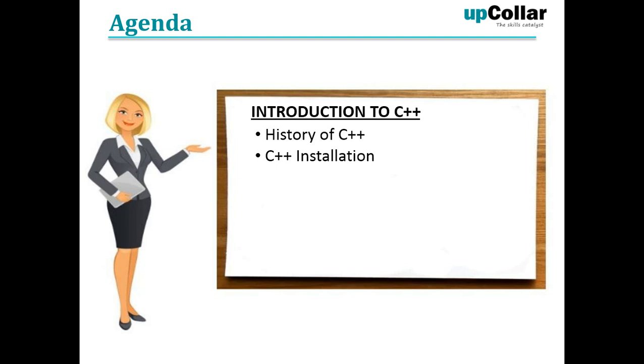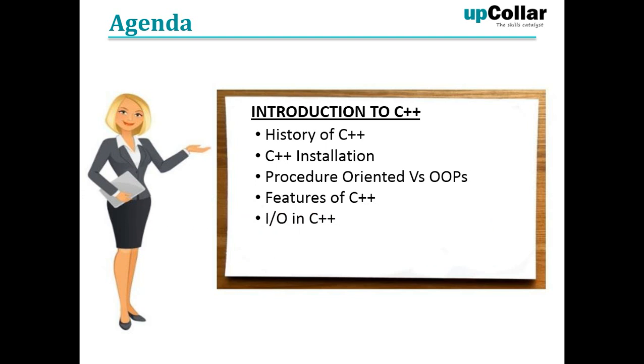So I'll be guiding you through the installation steps for the same. We will have a look into the difference between a procedural-oriented programming language and an object-oriented programming language, features of C++, and handling of input and output in C++, the namespace concept, and the object-oriented programming concept will be discussed in this session.